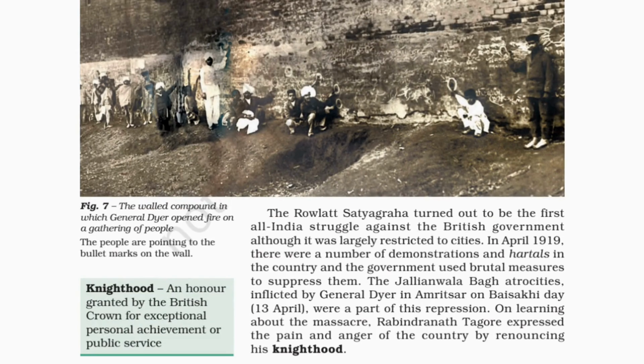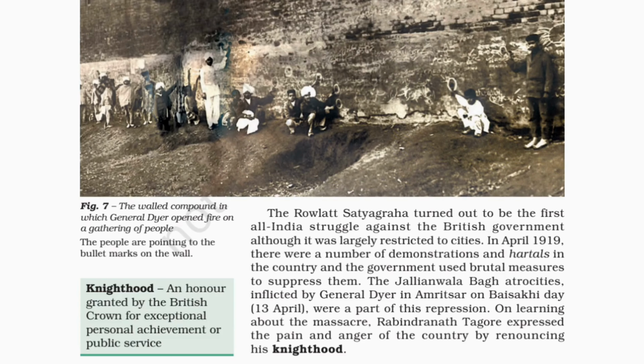This picture shows the walled compound in which General Dyer opened fire on a gathering of people. These are the bullet marks in Jallianwala Bagh. The Rowlatt Satyagraha turned out to be the first all India struggle against the British government, although it was largely restricted to cities. In April 1919, there were a number of demonstrations and hartals in the country, and the government used brutal measures to suppress them.